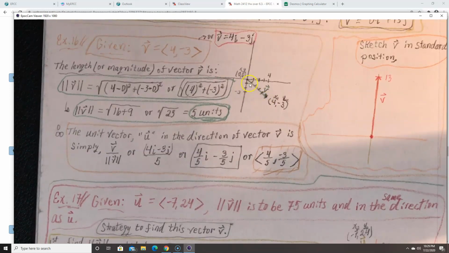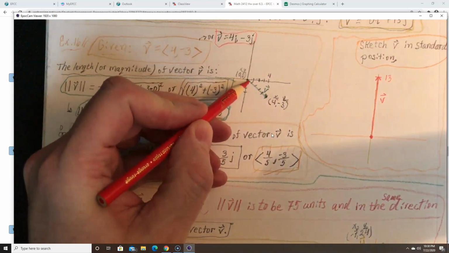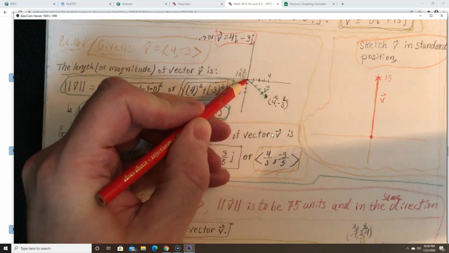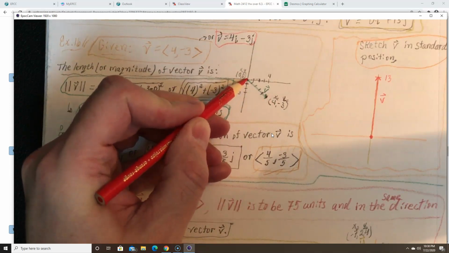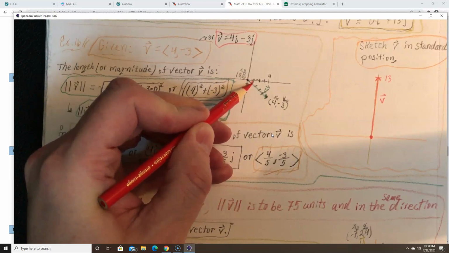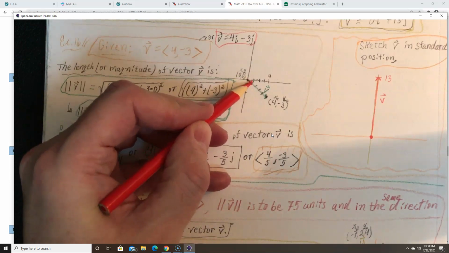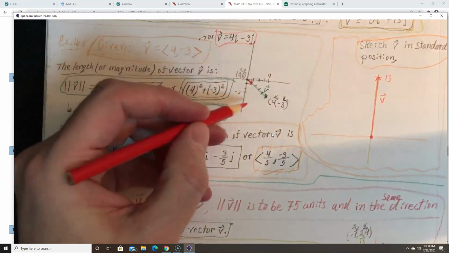So what we want, everyone, is a vector u that starts right here and ends right here. Pretend that's 1 unit. So our vector u that's in the same direction as vector v starts at the origin and only goes 1 unit. And so this tiny little vector right here, that's what they want. What would that be?